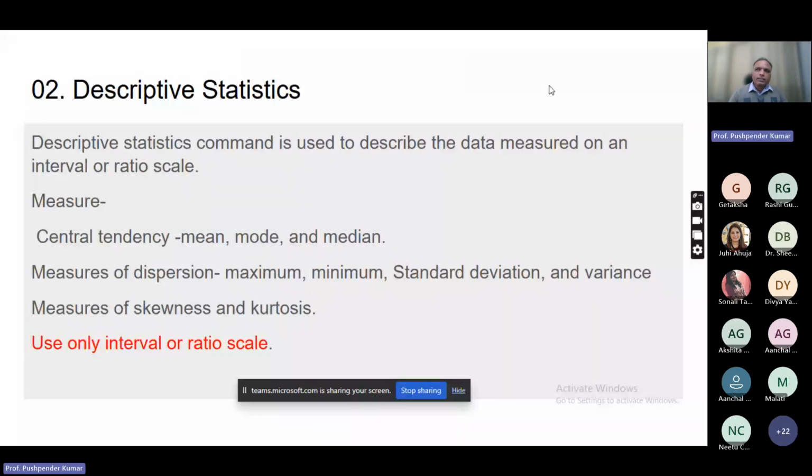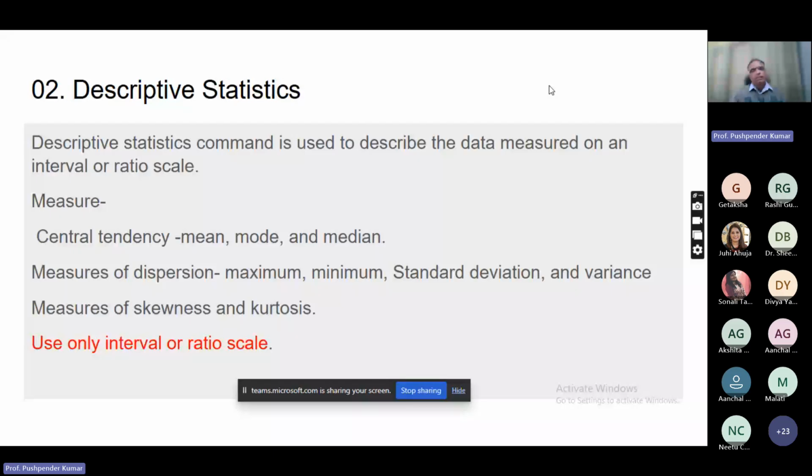Now, after this categorical data, we need to check the numerical data also. We call it descriptive statistics. What is the role of this? The first important thing is we should not have a categorical variable; we should have an interval or ratio scale. Please note down.